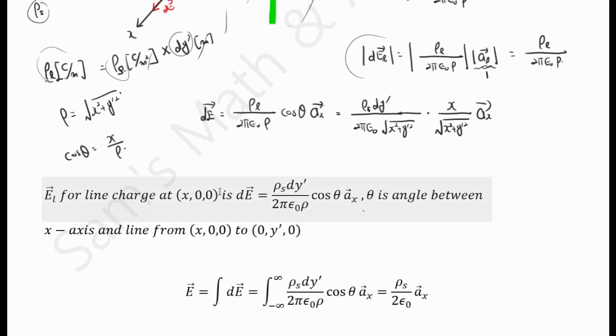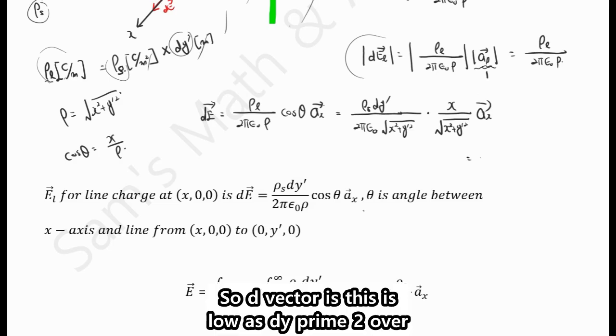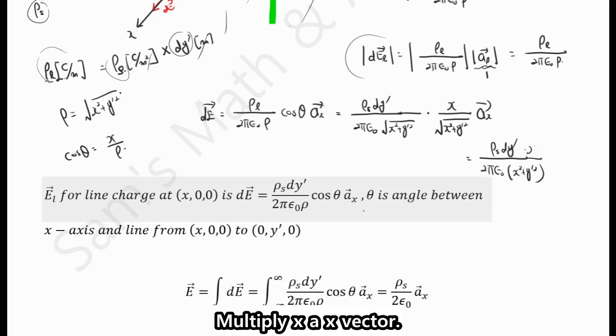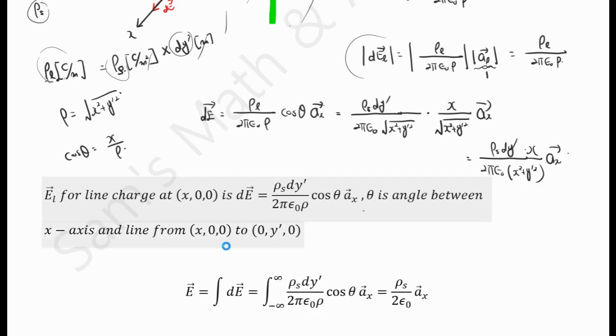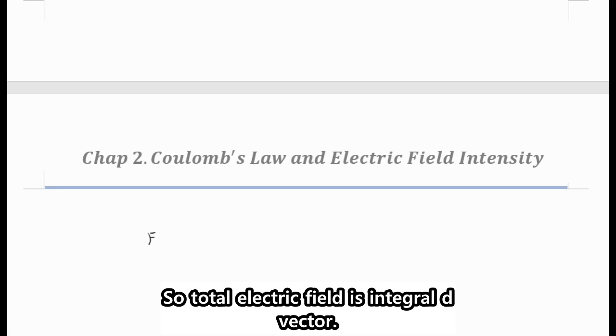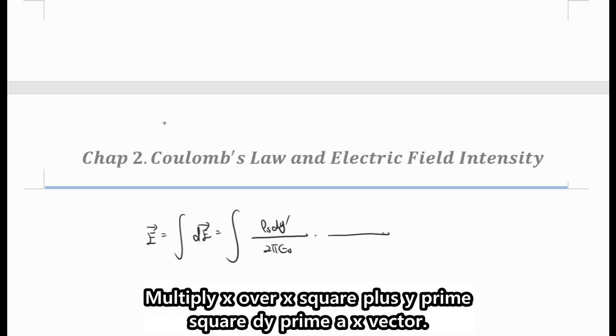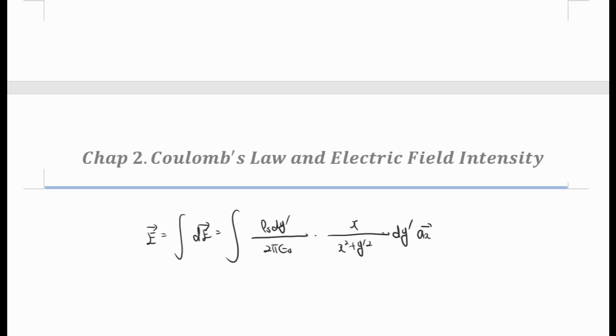So the dE vector is rho_S dy' over 2 pi epsilon_0 times x over x squared plus y' squared, a_x vector. The total electric field is the integral of the dE vector.